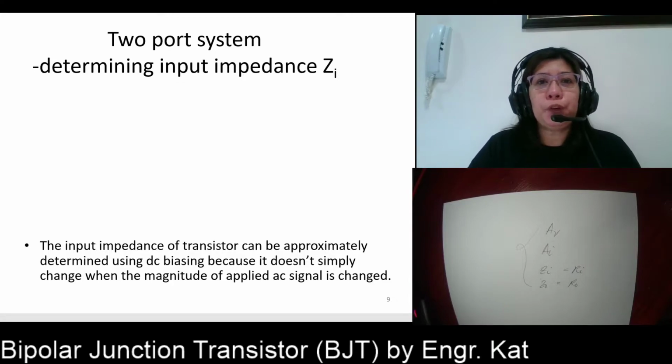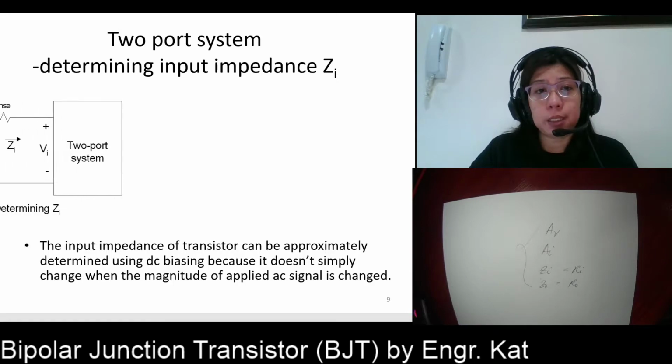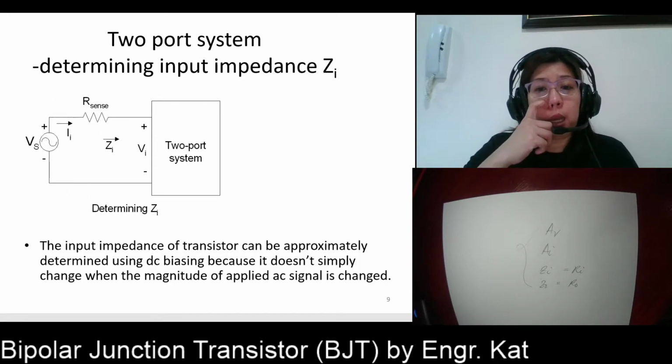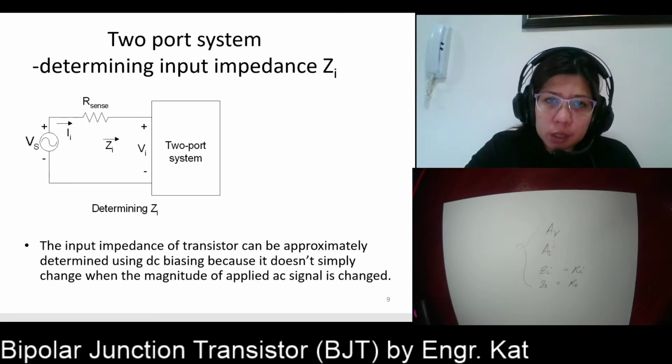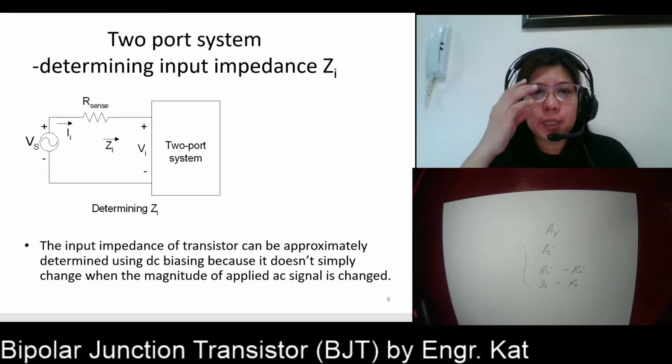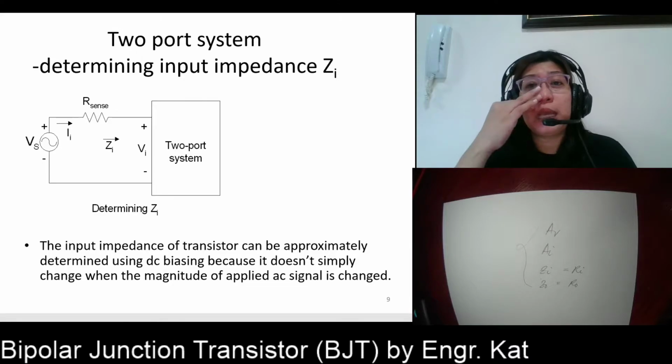Okay, so for a two-port system, how do we determine the input impedance? You might be wondering if we can simply get an ohmmeter and measure the resistance at the input side of the two-port system. Actually, input impedance cannot be measured using an ohmmeter.